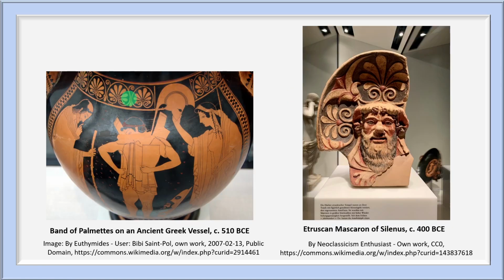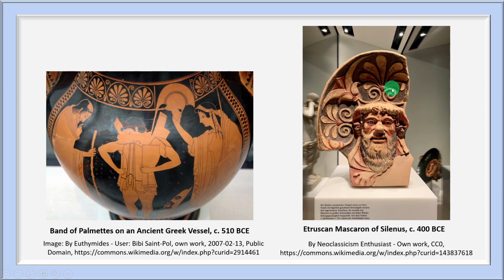Next, we have a band of Palmette on an ancient Greek vessel. It's dated around circa 510 BCE, and this is an ancient Greek pottery painting that we are going to study in a different lecture. And this is an Etruscan mascaron, and we have Palmette over here that are very much similar to what we have on the Greek vessel.